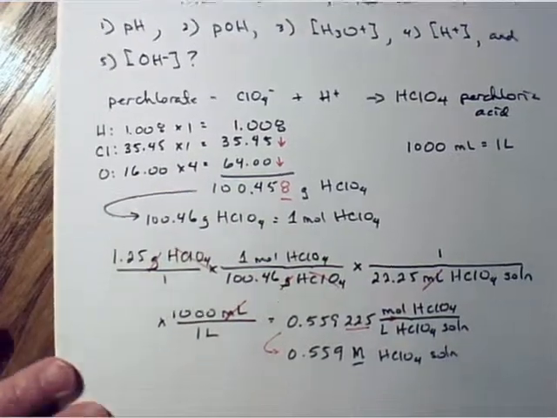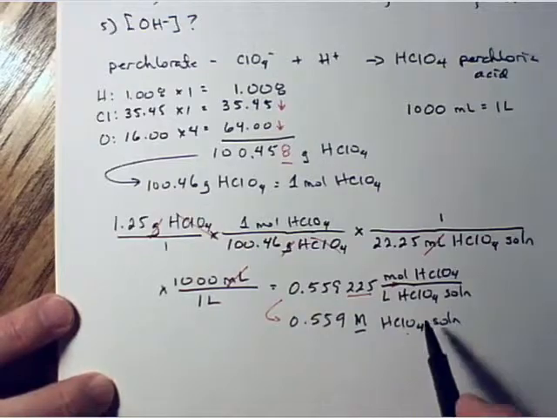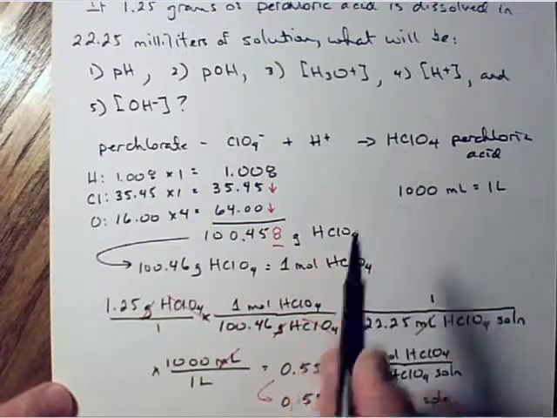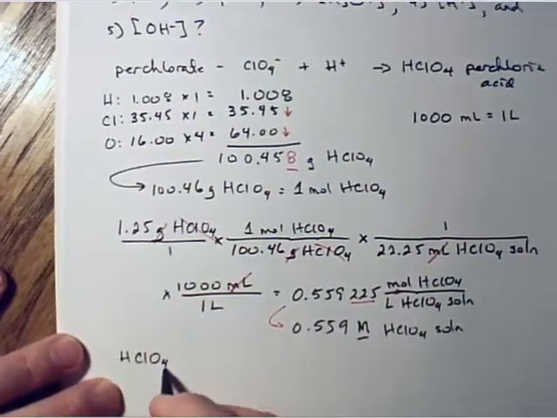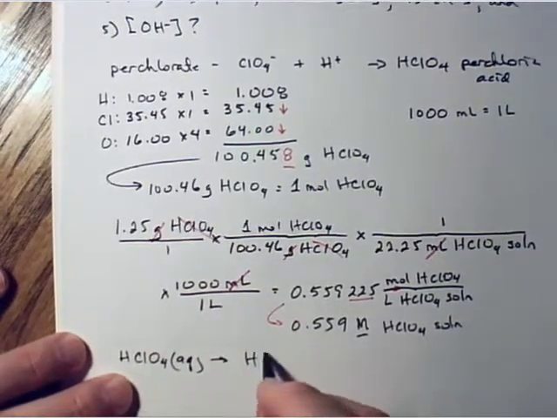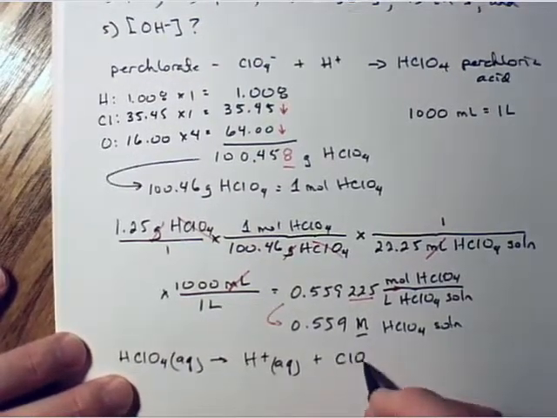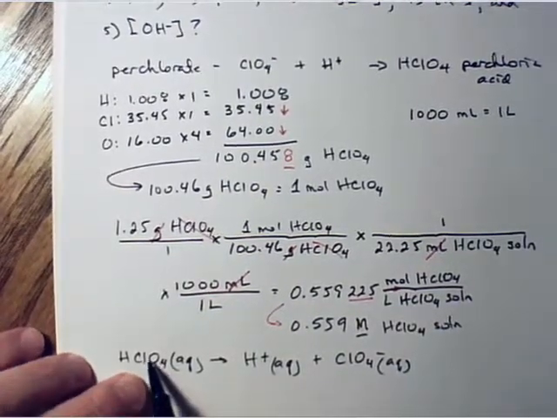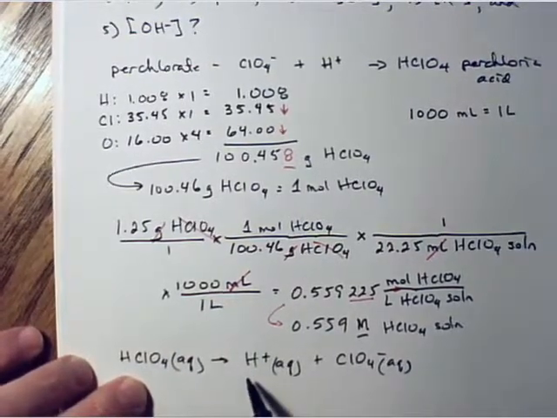Okay? Now, since this is a strong acid, it completely dissociates, which is the reverse of this. Complete dissociation using the Arrhenius theory says that all of the hydrogens completely dissociate. So if I have 1 mole of this, then I must have 1 mole of this when I'm done, because it completely dissociates.